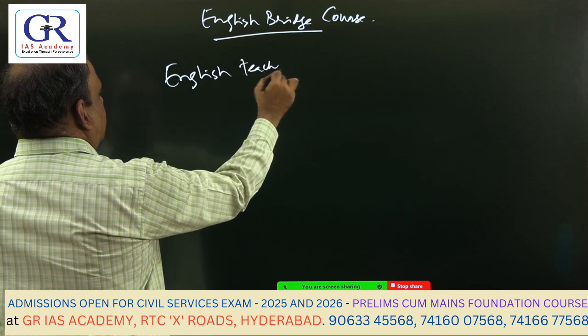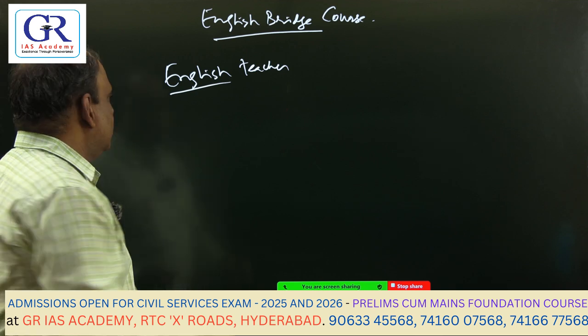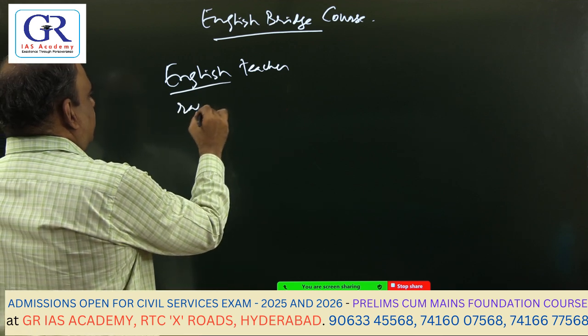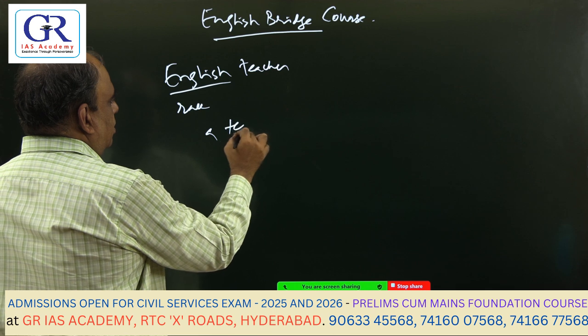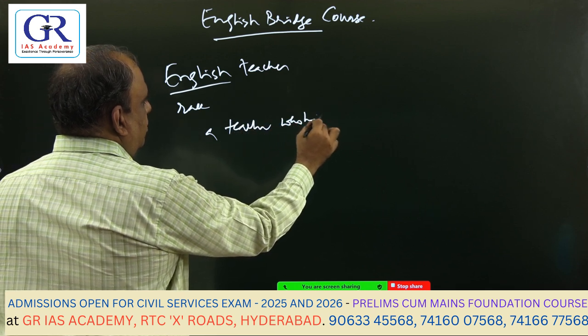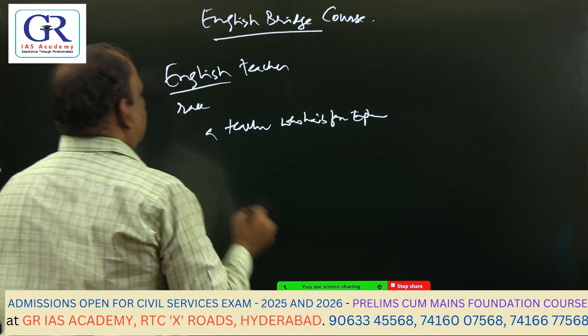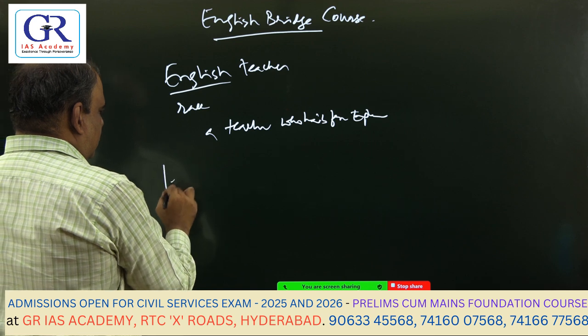We are not supposed to say English teacher. English teacher refers to English race, meaning a teacher who hails from England. What we are supposed to say is teacher of English.